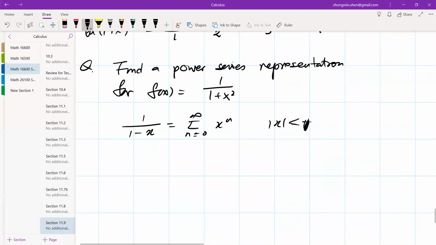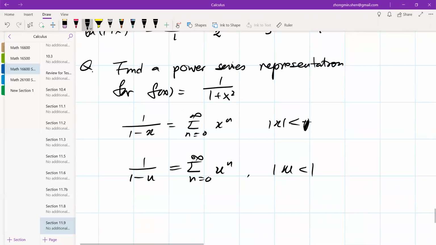Right. Now, what are you going to do? All you have to do is change the variable, right? No problem.